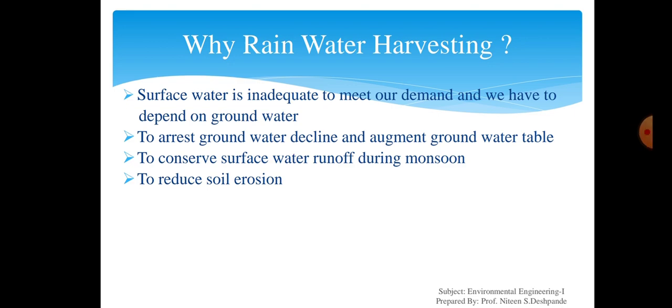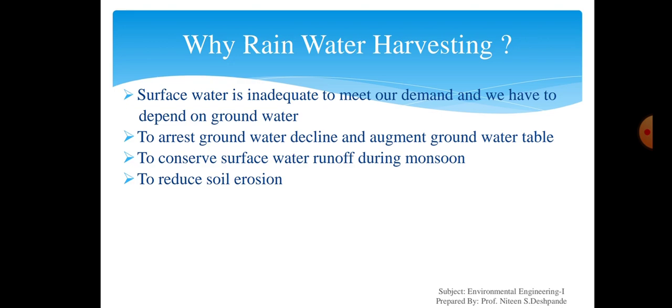So first, surface water is inadequate to meet our demand, and we have to depend on groundwater, because we know that there are limited sources of surface water, which may get contaminated. So to arrest the groundwater decline and augment the groundwater table is the second objective of rainwater harvesting, and to conserve surface water runoff during the monsoon.